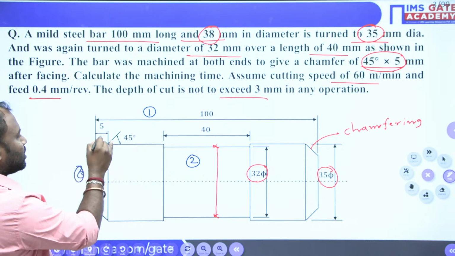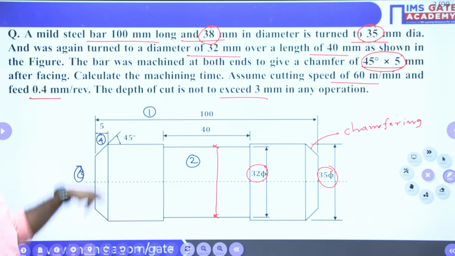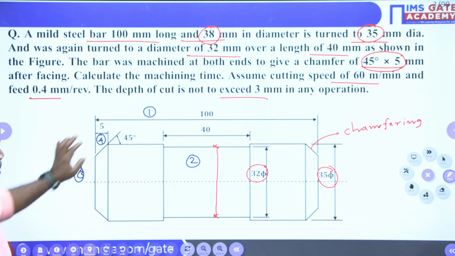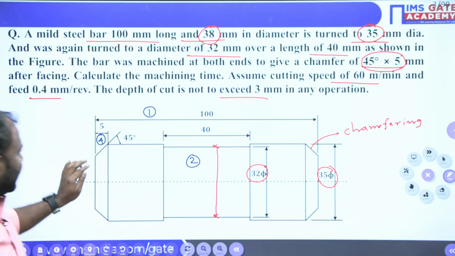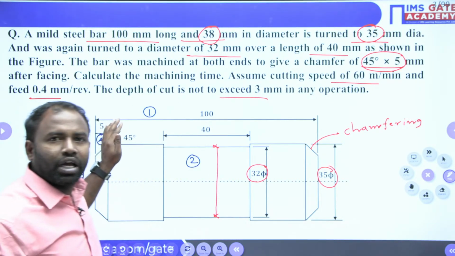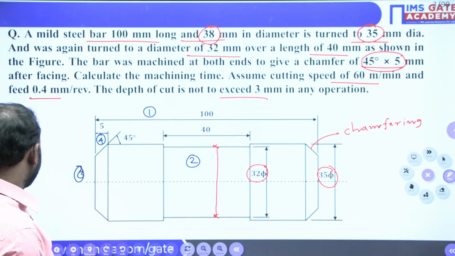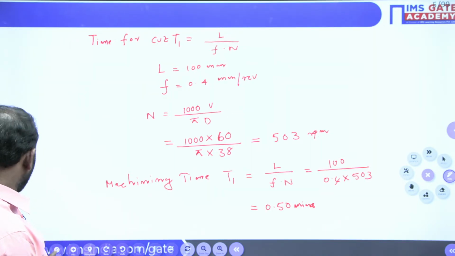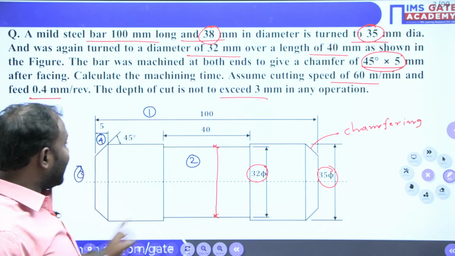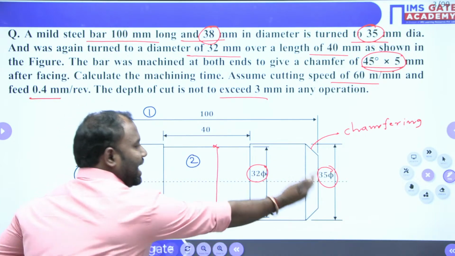Now fourth is chamfering we have to do. So we have calculated machining time for 1, 2, 3, and also for chamfering we have to calculate the machining time. So let me calculate the machining time for chamfering. But do remember, guys, chamfering is done at both ends. So this end and this end.